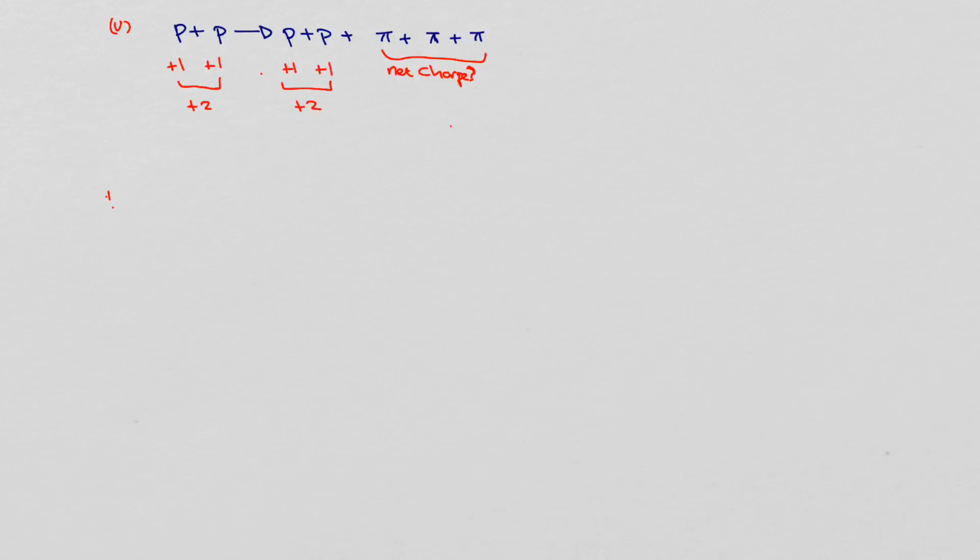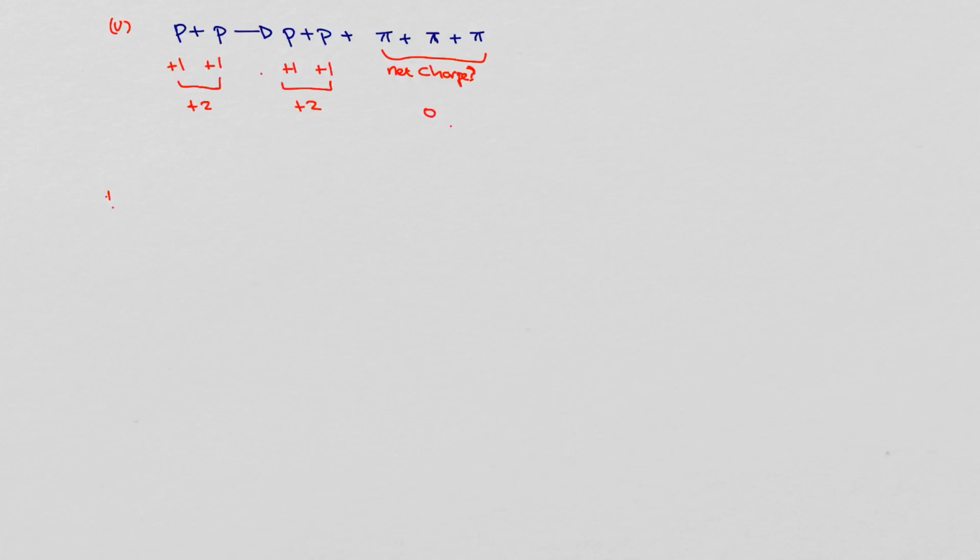So therefore the net charge of these 3 pions has to be 0 in order for charge to be conserved in this particle collision. Obviously we could have 3 neutral pions, or we could have a neutral pion, a positive pion, and a negative pion, and therefore the net charge would be 0.